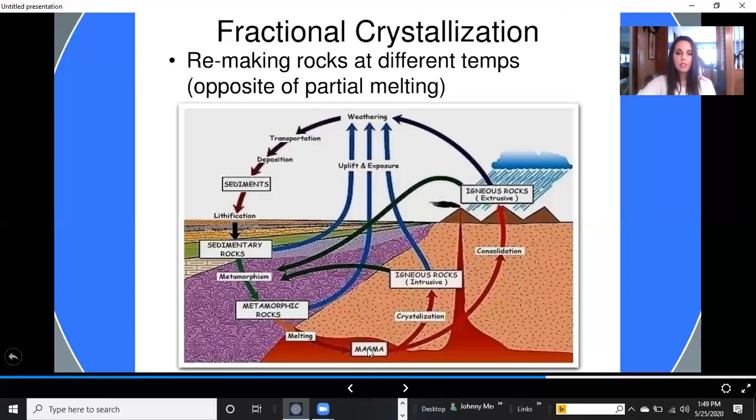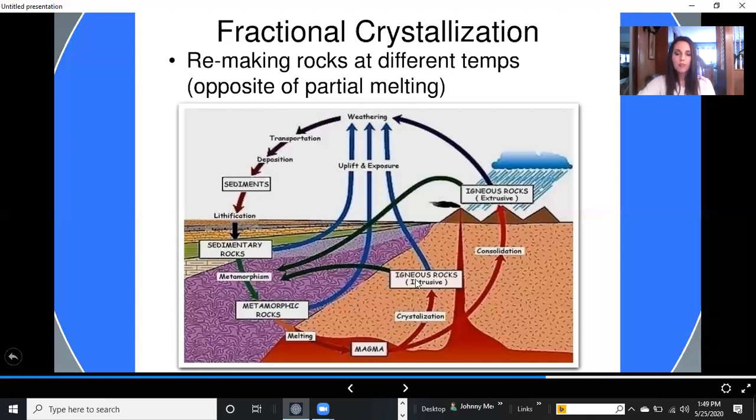And then the elements within those rocks are going to crystallize. It varies with what elements come together. Usually, elements that have the same melting points and the same solidification points are going to come together. The ones that stay beneath the surface are intrusive igneous rocks. The ones that consolidate and come out of the surface are extrusive.